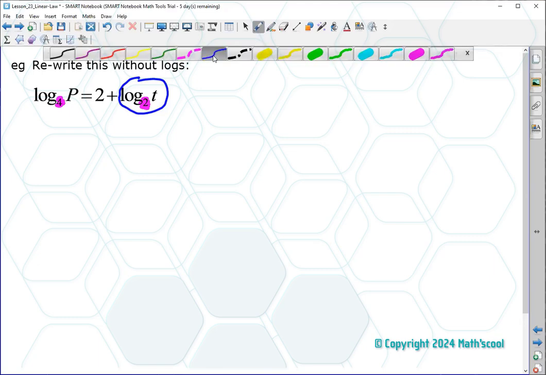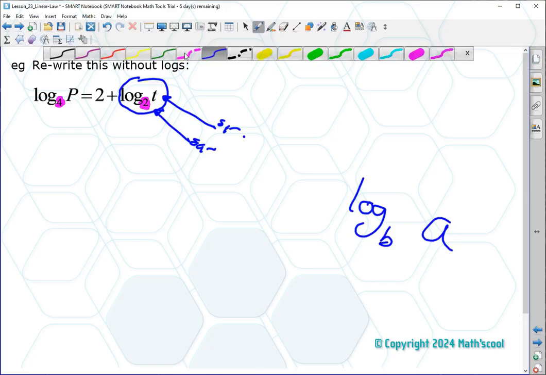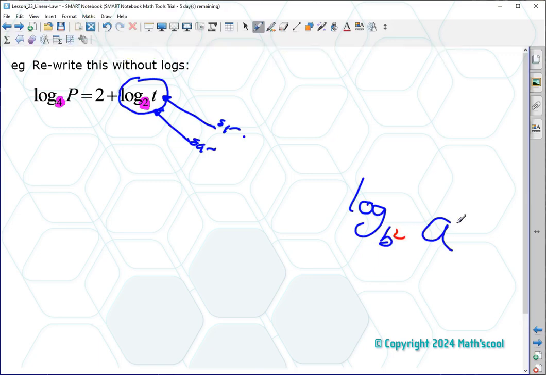Because log to the base 2 is the same as... So if you've got log to the base b of a, and you decide to square them both, it'll be the same thing. If you square them both, it's going to be exactly the same.